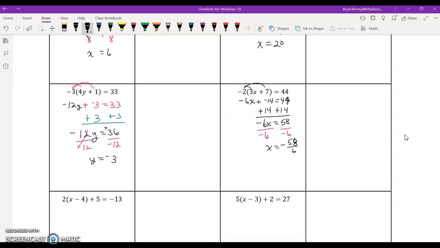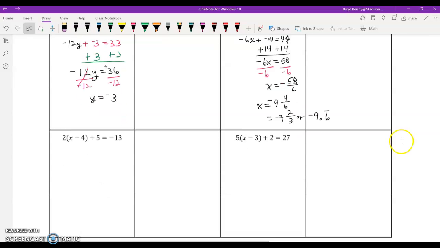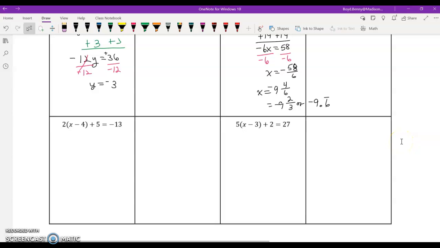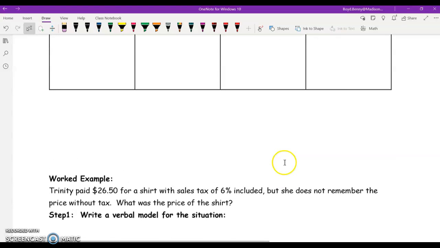And I could turn that into a mixed number, which would be negative 9 and 4/6, which would be negative 9 and 2/3, or negative 9.6 repeating. Okay, guys? So let's stop right there. I think that's enough to get you through today's lesson.